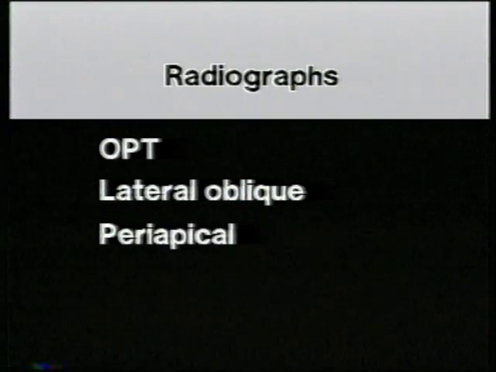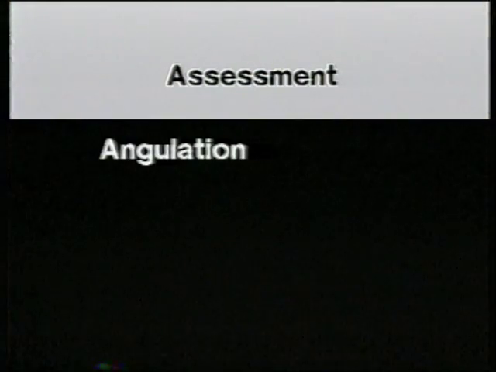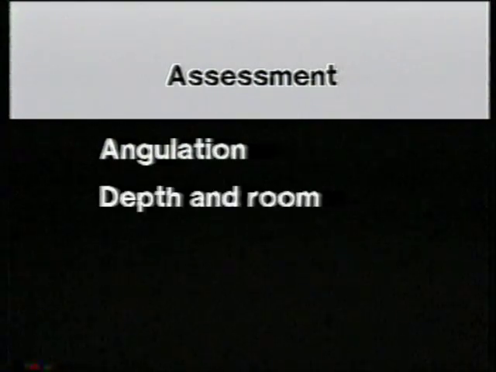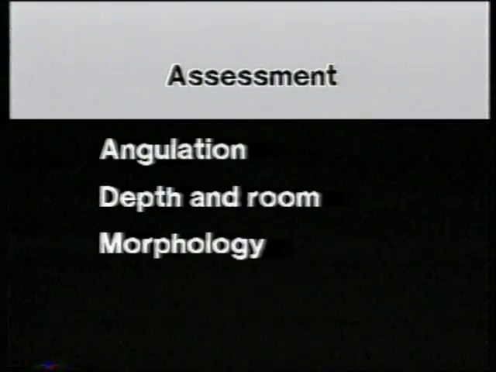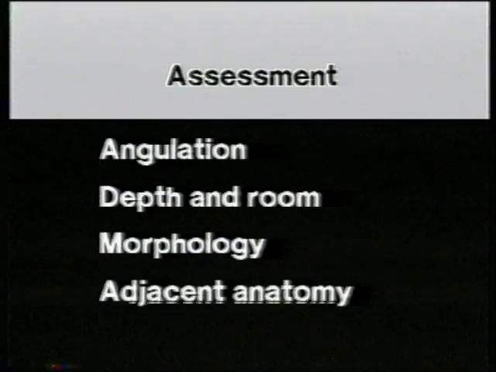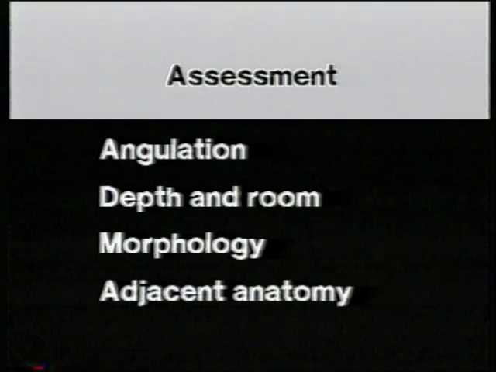From these, we can proceed to a reasoned assessment, in which we can classify the angulation of the impaction, assess the depth and the room, describe the essential morphology of the third molar itself, and the anatomy of the adjacent structures. Now, let's apply that to an actual case from the radiographic assessment.